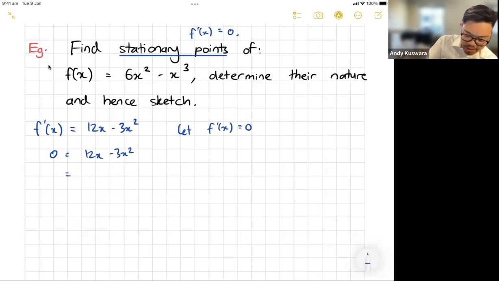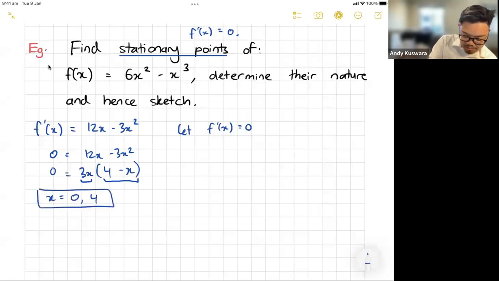Now this is a quadratic. I'm going to take out 3x as a common factor. That leaves me with 4 minus x equals 0. Yep, that's correct. So here I can see the values where I get a stationary point. Either this equals 0 or that equals 0, so x either equals 0 or 4.